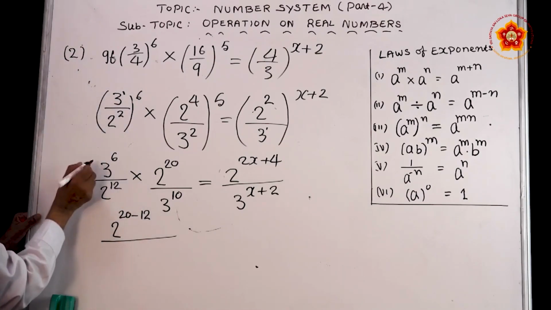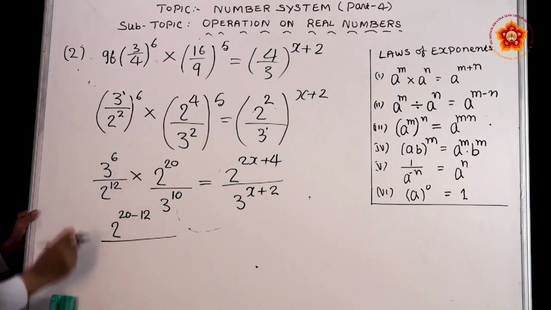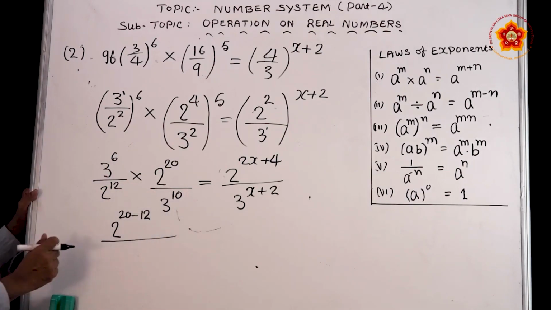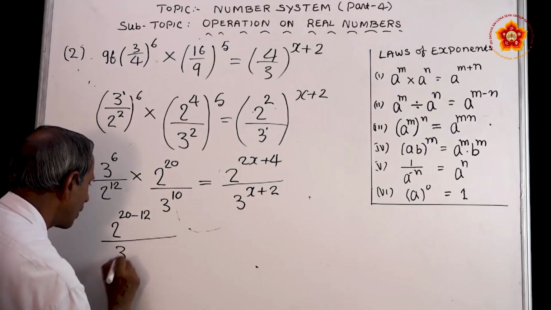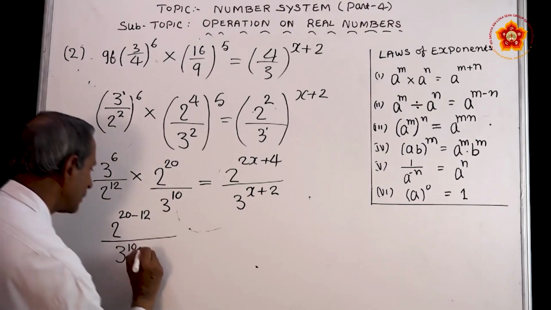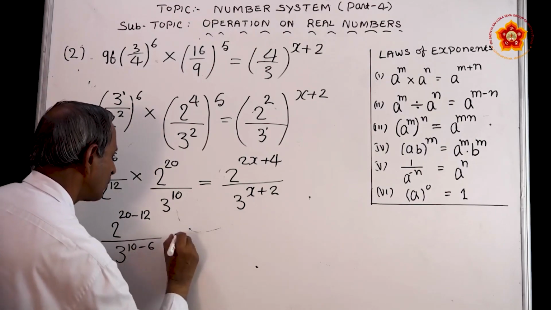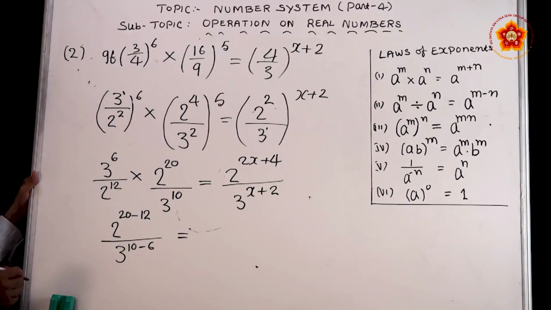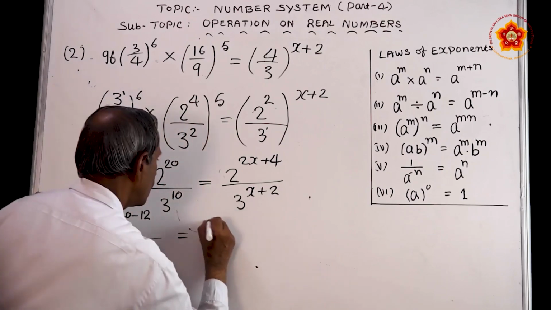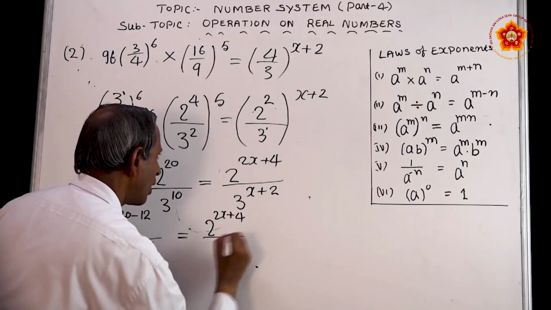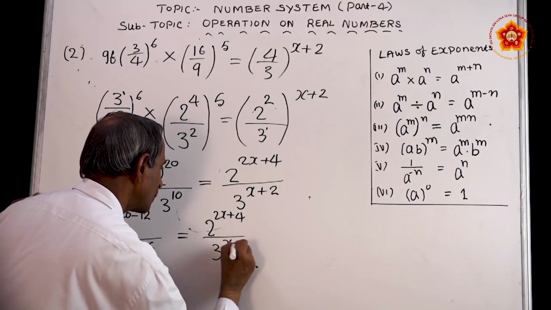Here 3 to the power of 6 is in the numerator and 3 to the power of 10 in the denominator. Whichever is greater, you can subtract the powers. That becomes 3 to the power of 10 minus 6. On the right hand side you can't simplify, write it as it is, 2 to the power of 2x plus 4 upon 3 to the power of x plus 2.